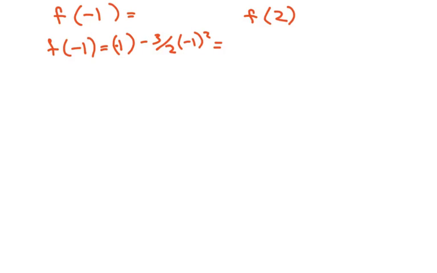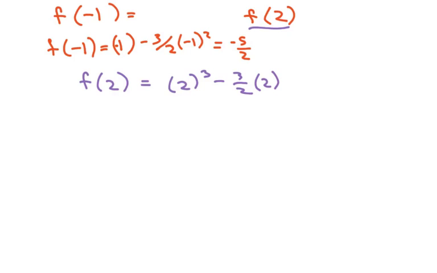And that's going to equal negative 5/2. And then f of 2, we get 2 cubed minus 3/2 times 2 squared. And that's going to give you 2.